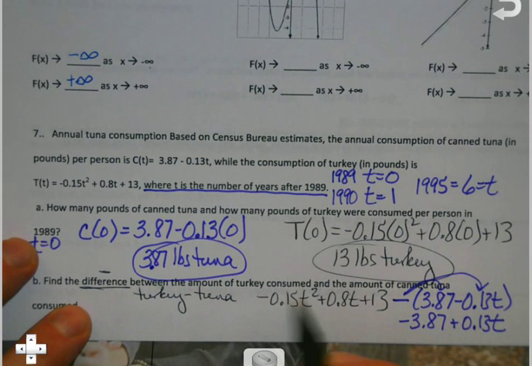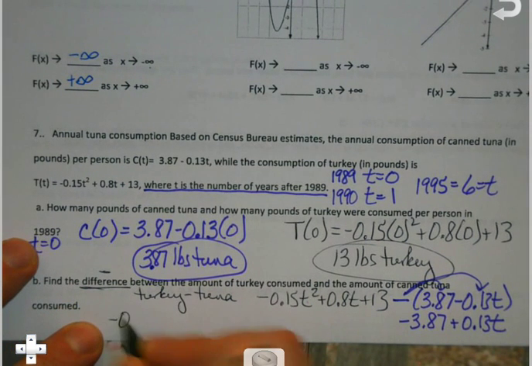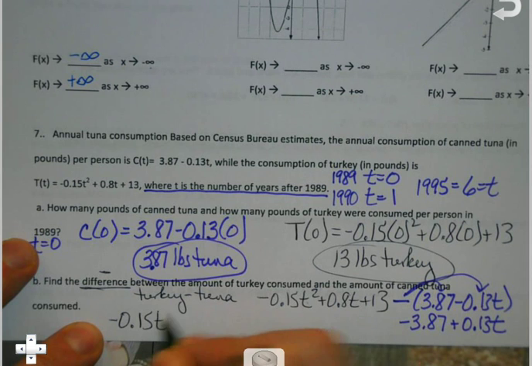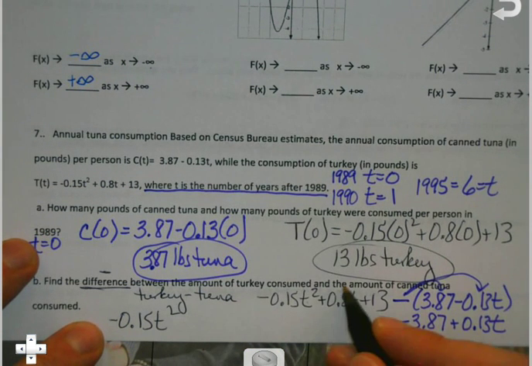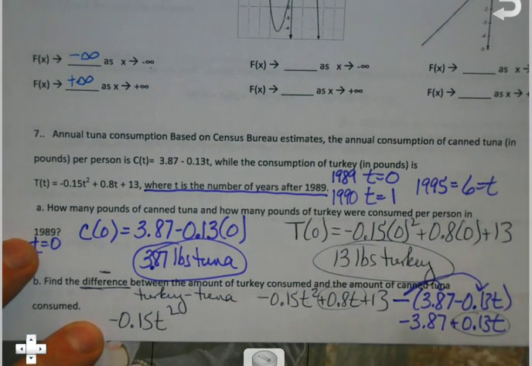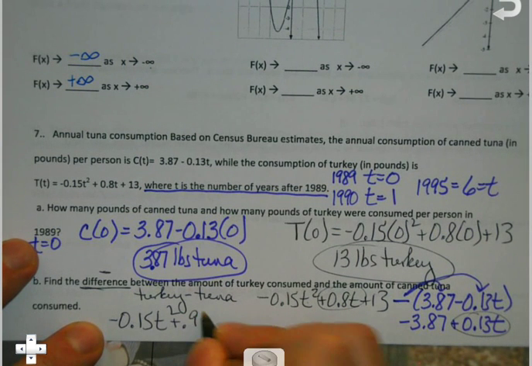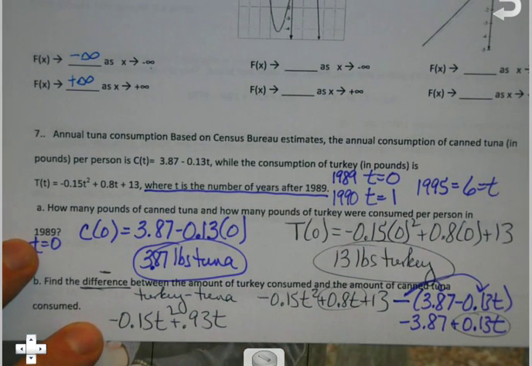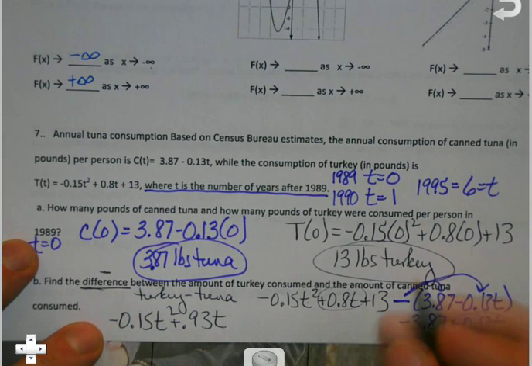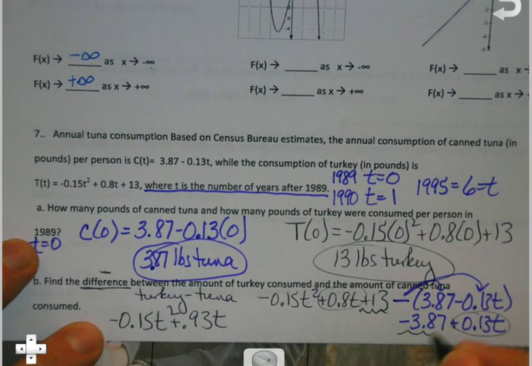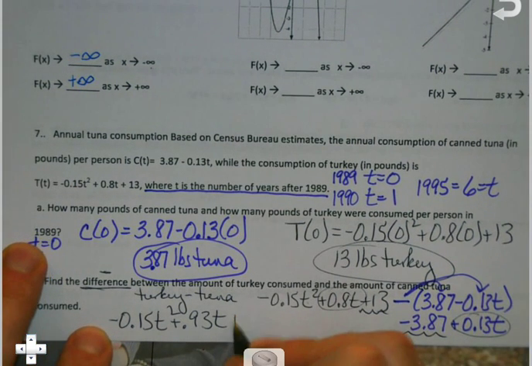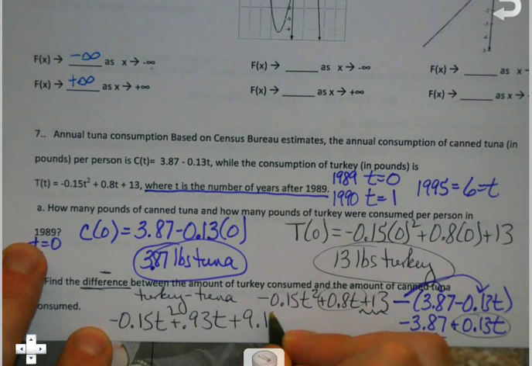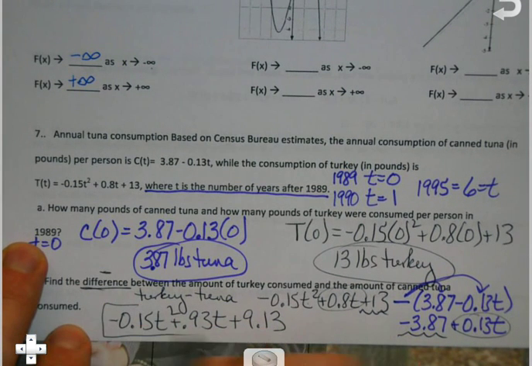So I notice there's only one term that has a t squared, so I'll just write that down. Then I go looking for my t terms. 0.8 and 0.13 would be 0.93t. And then 13 minus 3.87 is 9.13.